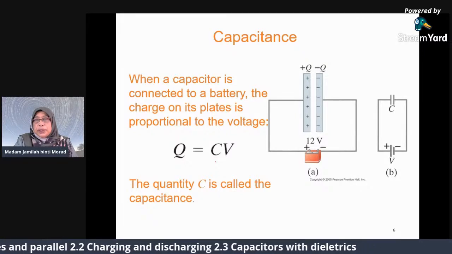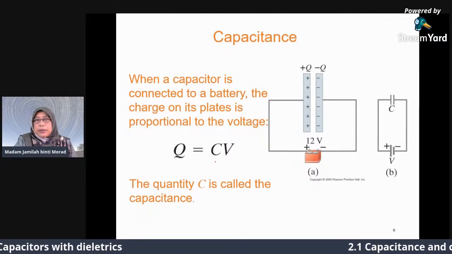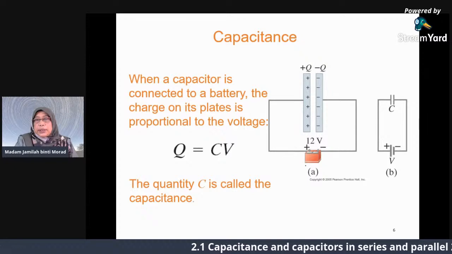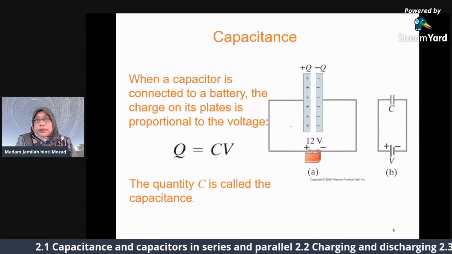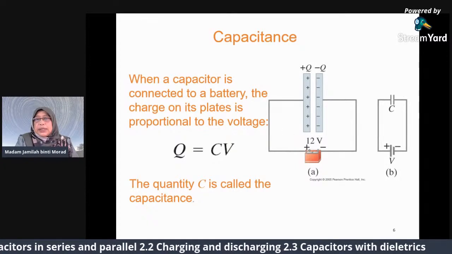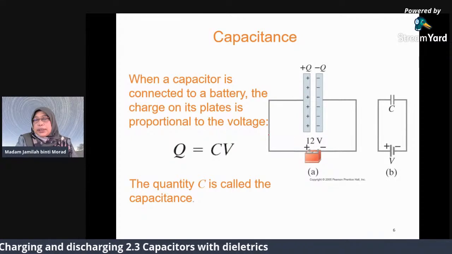Let's say you have two parallel plates, which is the capacitor. Then you connect it to the power supply. When the capacitor is connected to a battery, the charge will move. I'm talking about the current where the positive charge is the charge carrier.